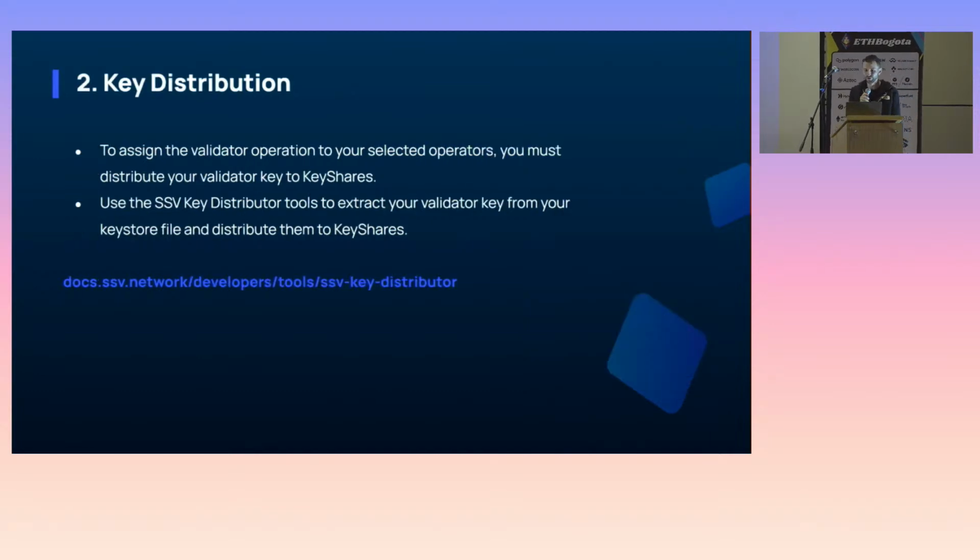For key distribution, we created an SSV key distributor SDK and wrapped it with a CLI, so you can either integrate it in code that you're running or just use the CLI for convenience. The output is the key shares: a public key and encrypted shares corresponding to the operators you chose.